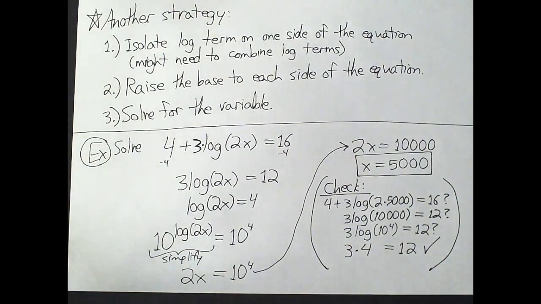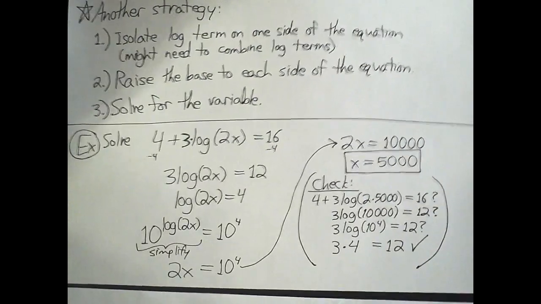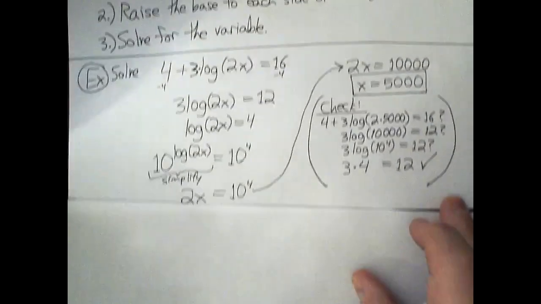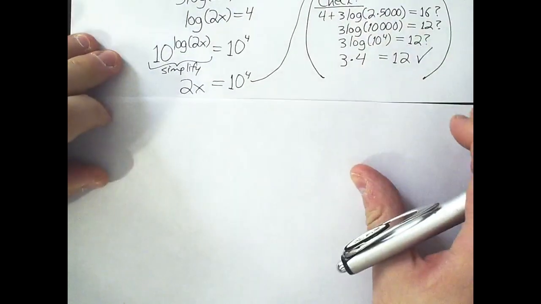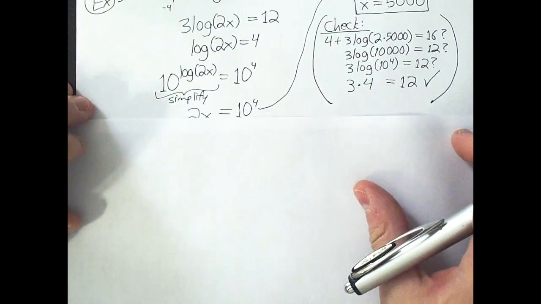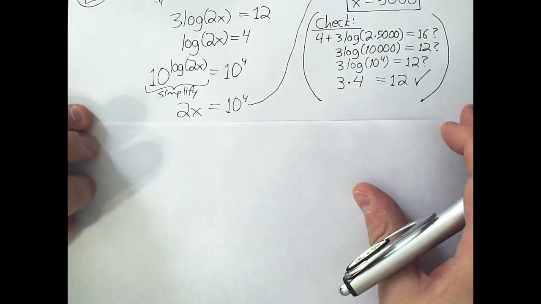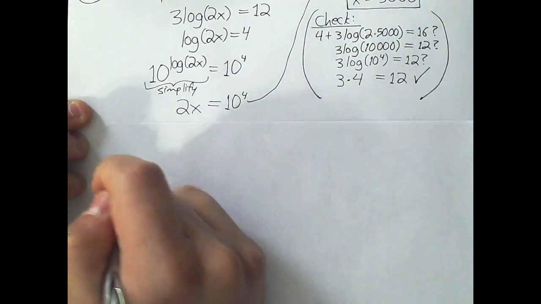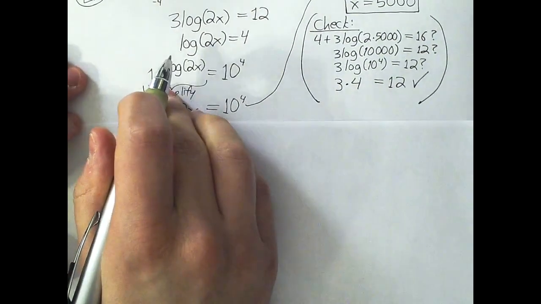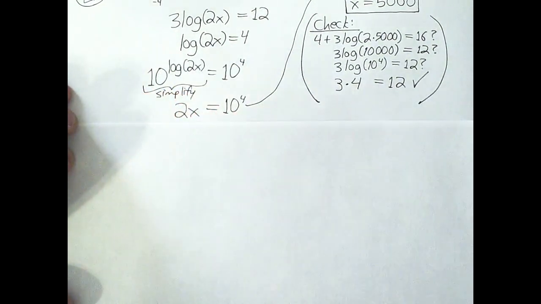Okay, let's look at another one. When we talked about exponential equations first, we did some of these same things. Definition, talked about simple ones, talked about a 3-step strategy.